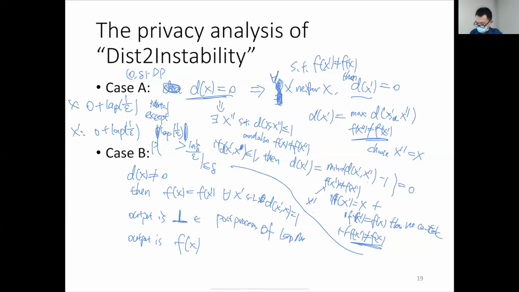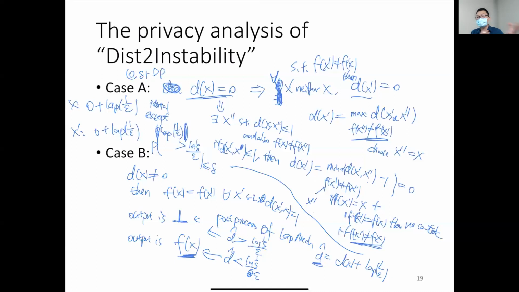So when the output is perp, this is a post-processing of a Laplace mechanism. The Laplace mechanism of d hat is equal to d of x plus Laplace 1 over epsilon, because I'm simply taking this value and then thresholding it at a particular threshold, and that gives me the condition that I'm going to output perp. Similarly, this is also a post-processing of this. So when d hat is larger than log 1 over delta over epsilon, I'm outputting perp. When d hat is smaller than log 1 over delta over epsilon, I'm outputting f of x.